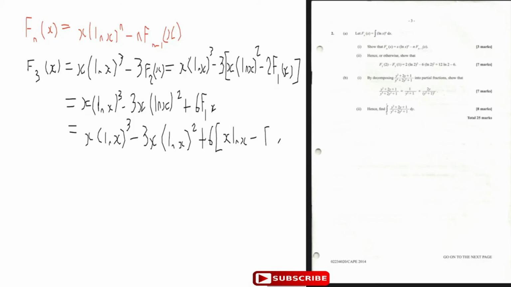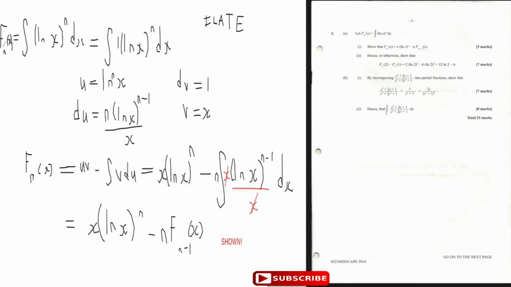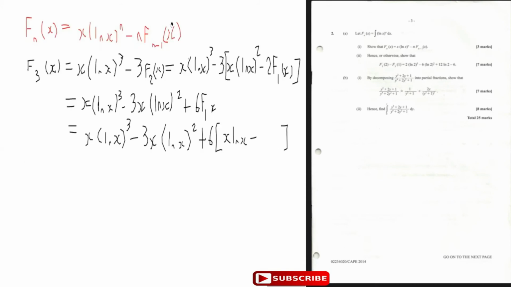Now to find what is f naught of x, we have to go back and remember that when n is 0, ln x to the 0, anything to the 0 is 1, and so the integral of 1 is x. And so we can replace this f naught of x with just x. This is really x ln x minus x. And so this is the formula now for f3 of x.